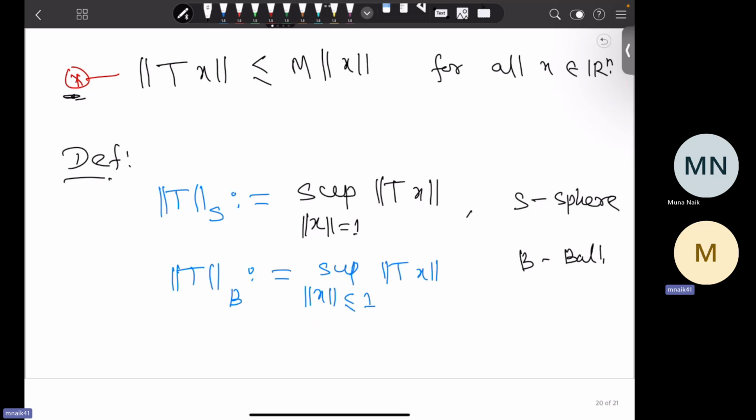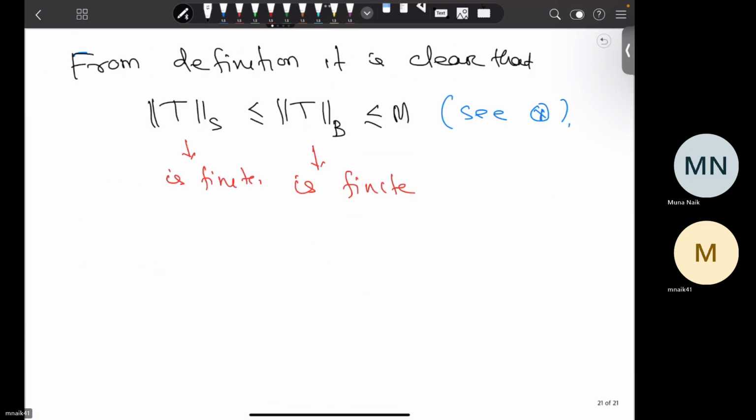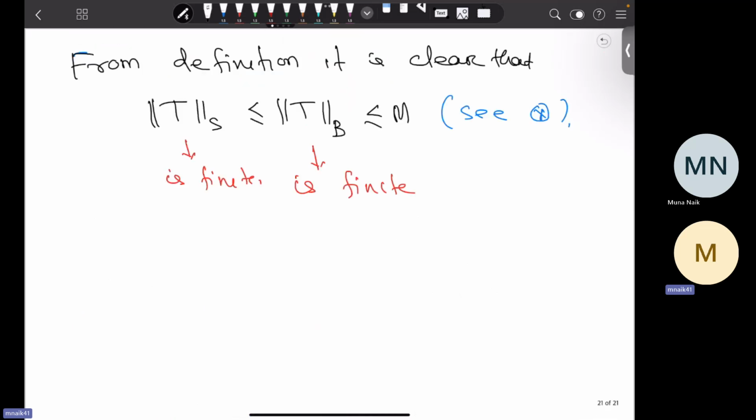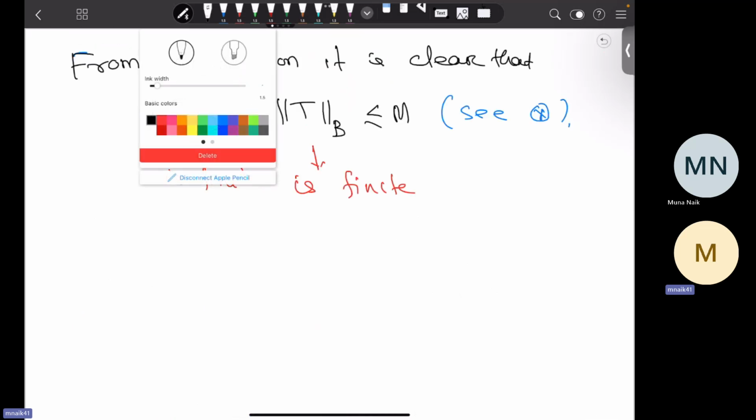So norm of Tx is less than or equal to norm of Tb, and if I take the supremum over norm x less than or equal to 1, from star you will get that norm Tb is less than or equal to m. Okay, so this is clear.